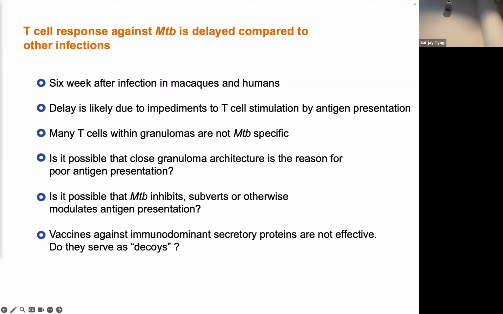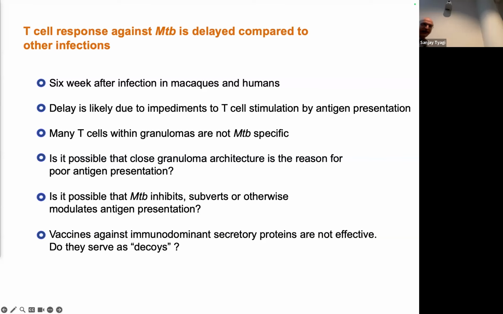And we know this, that BCG, which lacks those secreted antigens, is not very good. So there's something weird about this T cell role in TB.